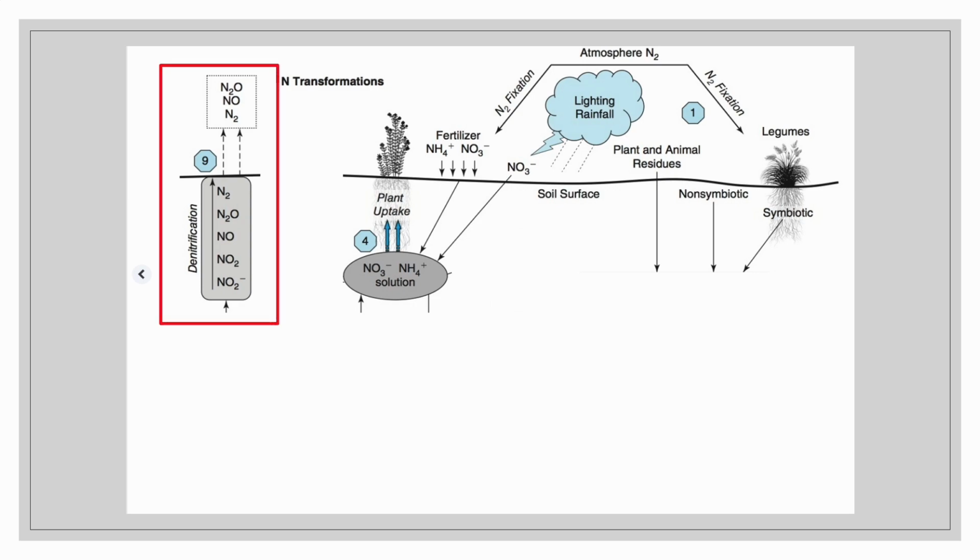And so in a saturated soil, we would basically get a reduction. When we're talking about these transformations, we're talking oxidation and reduction. Remember that with oxidation, it loses; with reduction, it gains.